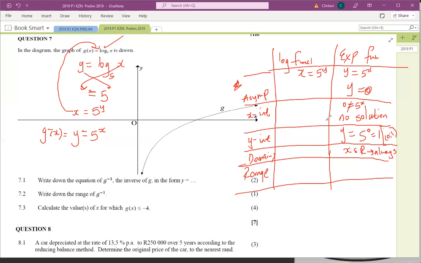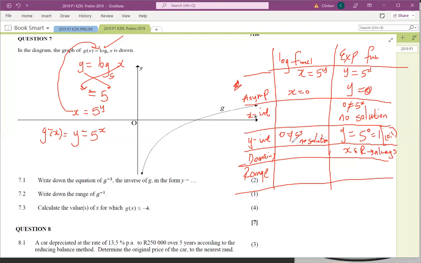Now I'll show you something. We always switch: the y asymptote becomes the x asymptote here. Your x-intercept becomes your y-intercept. So I'll have 0 equals 5 to the power y, which is no solution. So the y-intercept does not exist on this side. It makes sense because the y-axis, the line x equals 0, is the asymptote, so we're not going to touch it.